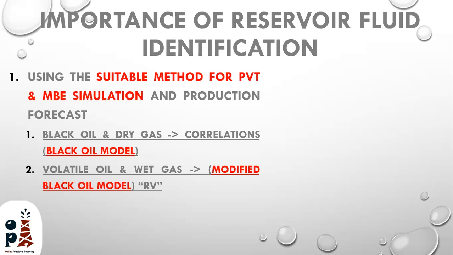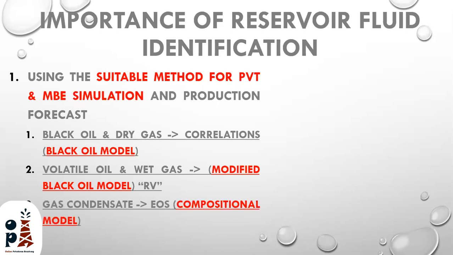So we use correlations for the Rv, or the yield, representing the amount of associated oil with the gas production, and this method is called the modified black oil model. For gas condensate and very volatile oil reservoirs, we use the equation of state or the compositional model.